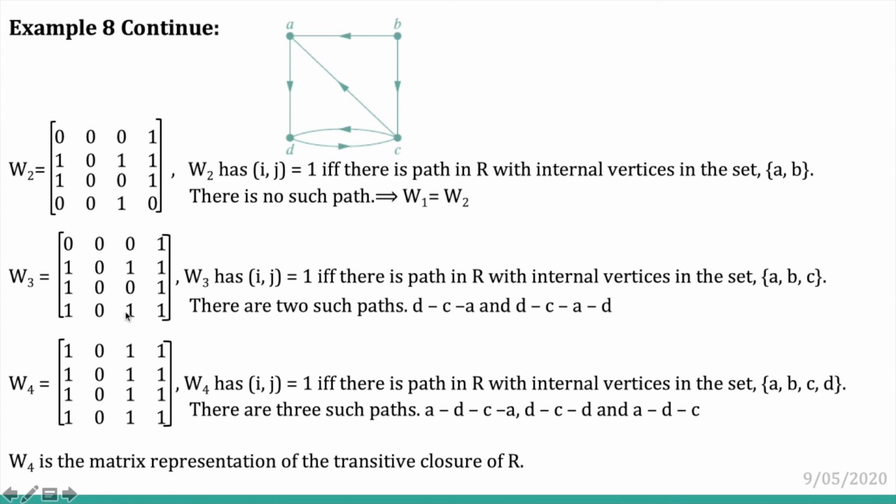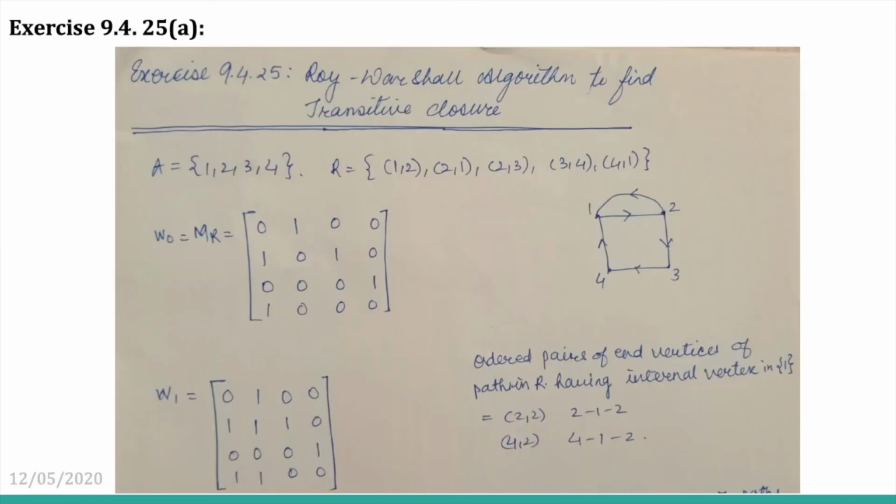So in addition to those ordered pairs which are taken care of in W3, we have to include the ordered pair AA connected by path A to D to C to A, and ordered pair AC connected by the path A to D to C in W4. So this way we find the matrix representation of the transitive closure of relation R by using the Roy-Warshall algorithm. These are a few other examples of the Roy-Warshall algorithm to find the transitive closure of a given graph.